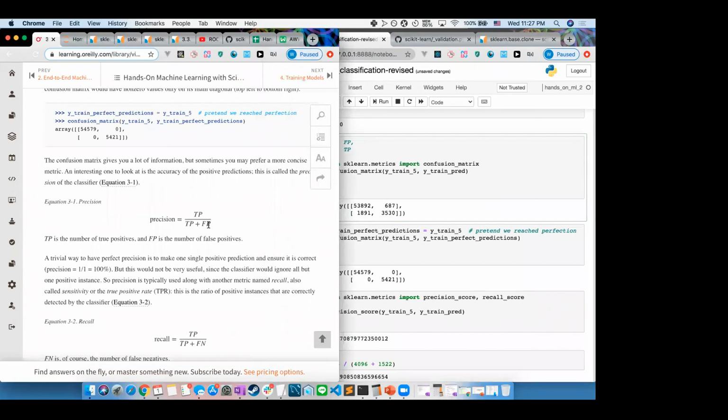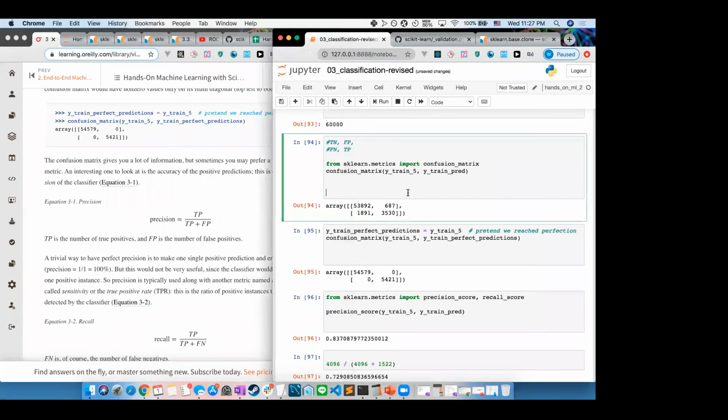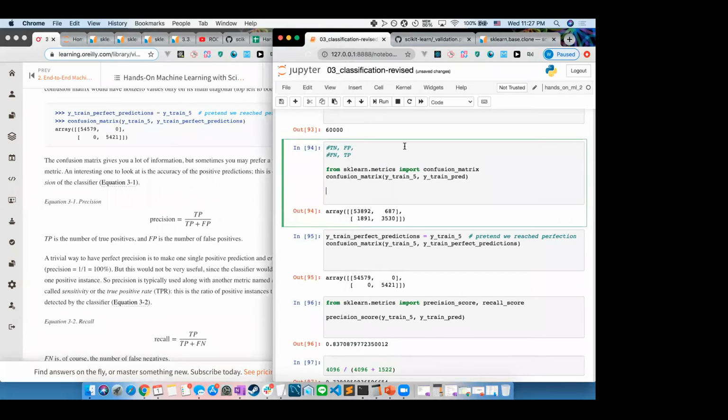Yeah. So here, the definition of the confusion matrix, the way he gives it, is that the rows are the true class labels, and the columns are the predicted class labels. In this case, a label of 0 means not a 5, and a label of 1 means a 5.